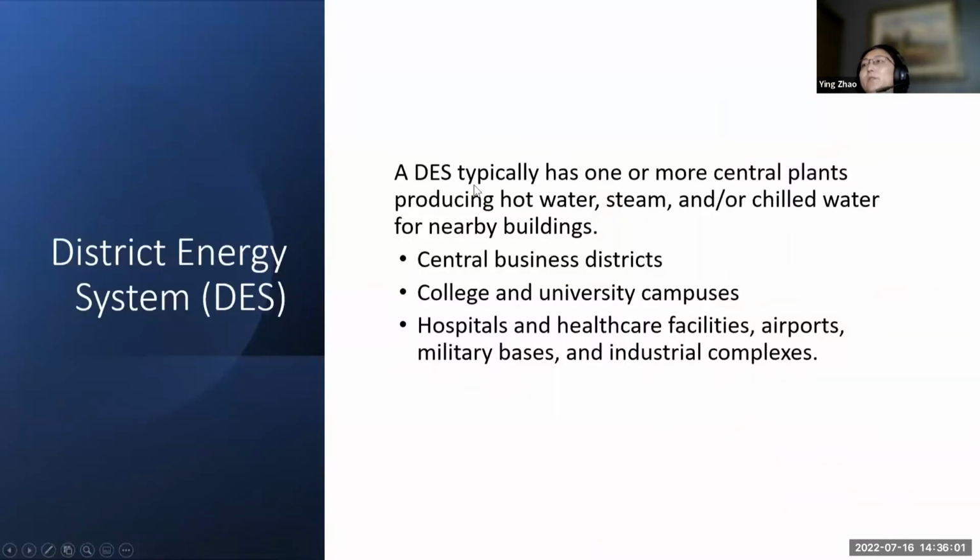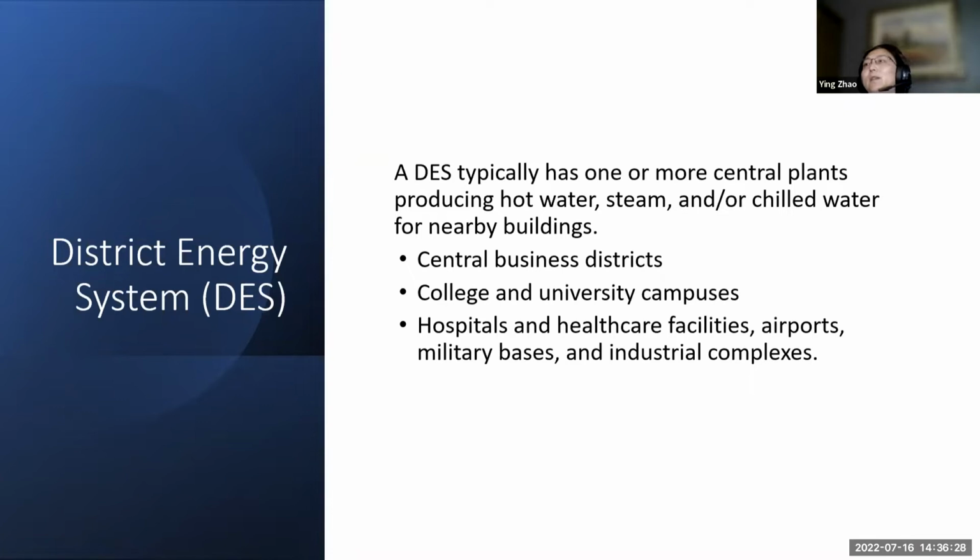The district energy system has one or more central plants producing hot water, steam, and/or chilled water for the nearby buildings. They are typically used at a central business district, college and university campus, hospital and healthcare facilities, airports, military bases, and industrial complexes.